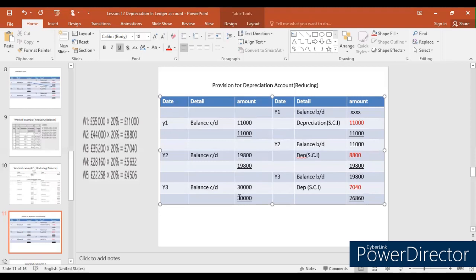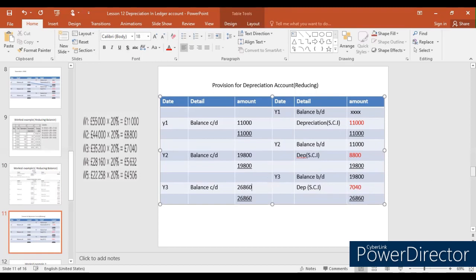So same figure will be here, 26,860. Unfortunately, I forgot to record this now. After the session, 26,860. So balance will be also 26,860.